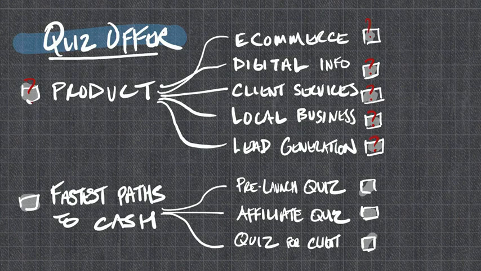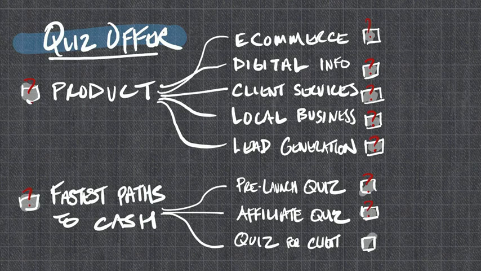Then, if you don't have an offer right now, we get clear on which beginner fastest path to cash is right for you. If you're thinking about creating something, or you've got plans to create something, perhaps it makes sense to use a pre-launch quiz, a quiz that you can use to create a line of people ready to buy your products before you launch. Perhaps if you have no interest in creating your own products, an affiliate quiz might make more sense.